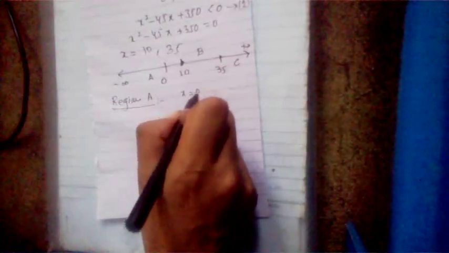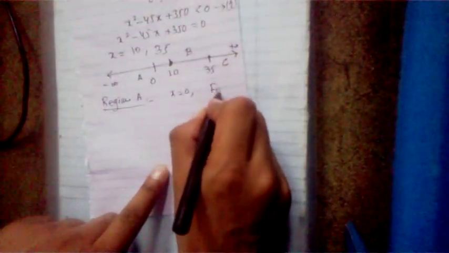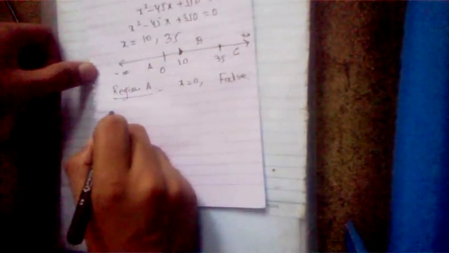One of the test points in this region is obviously x is equal to 0, and when you set it into your inequality, that is inequality number 1, you will get a false result. Therefore this region is not included in the solution.